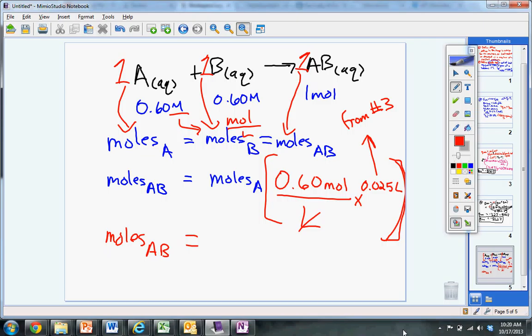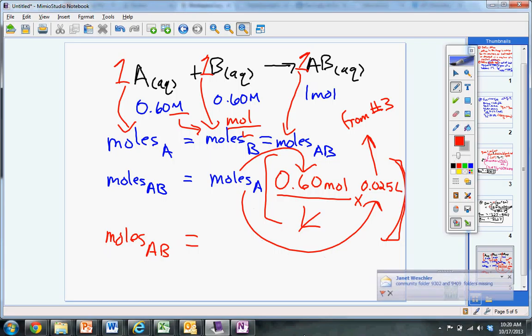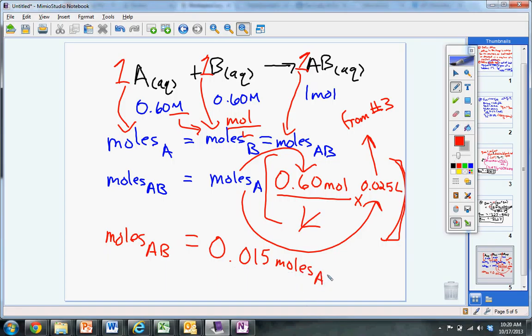So how many moles of AB do I have? What does it equal? 0.015 mole AB.